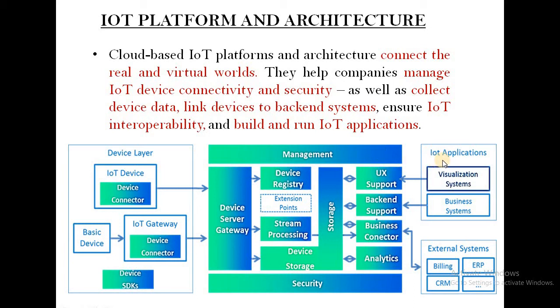The last layer is the IoT application layer, which includes the visualization systems, business systems, and external systems like billing, ERP, CRM, based on the application the IoT is used for. So the device layer interacts with the management layer that performs all the processing, backend support, business support and analytics, and this is done with the help of the IoT applications that include visualization and business systems.